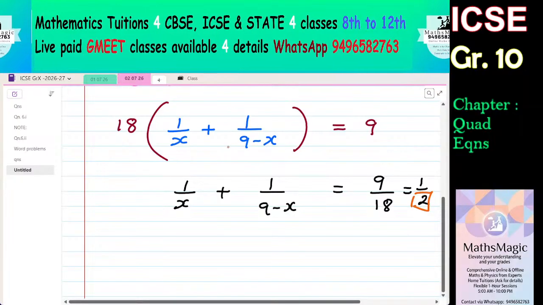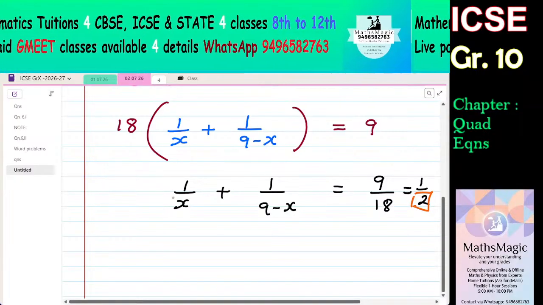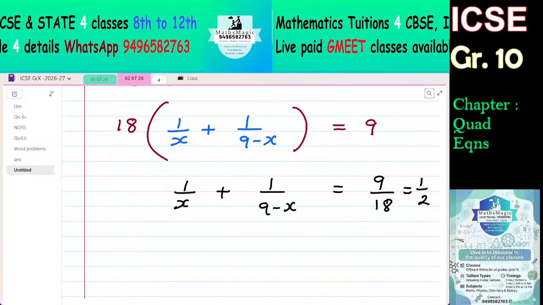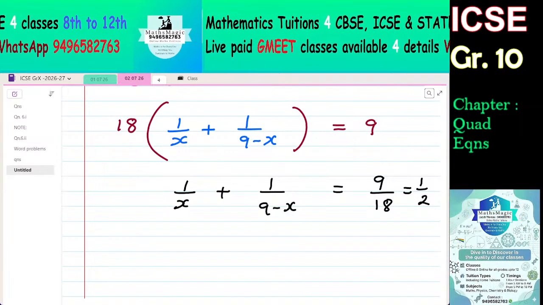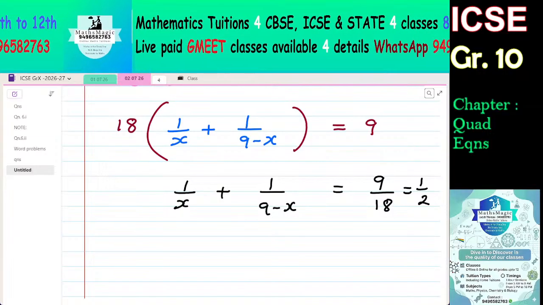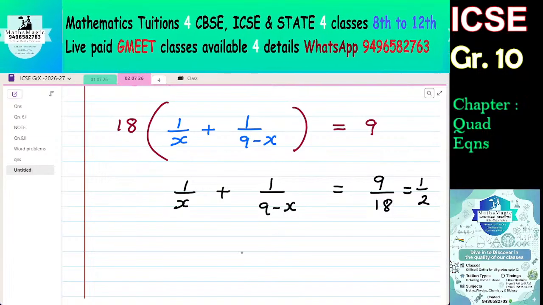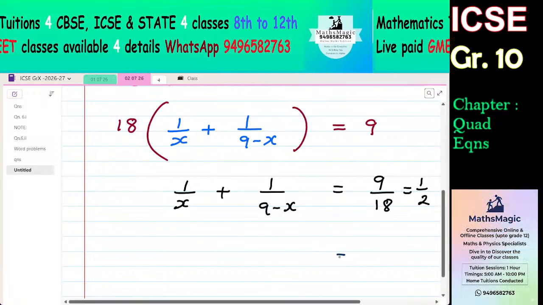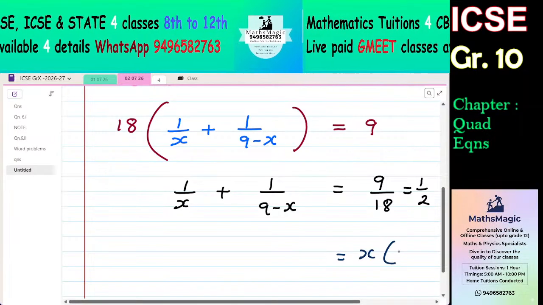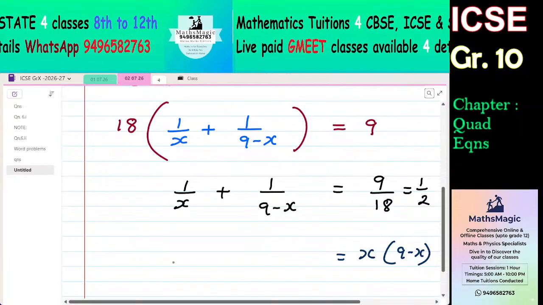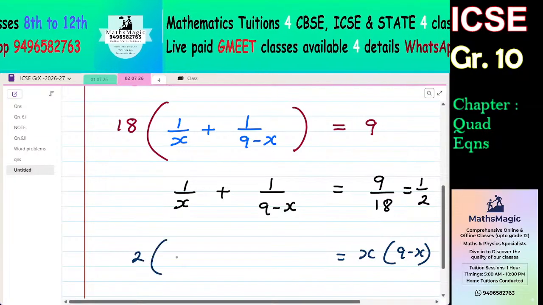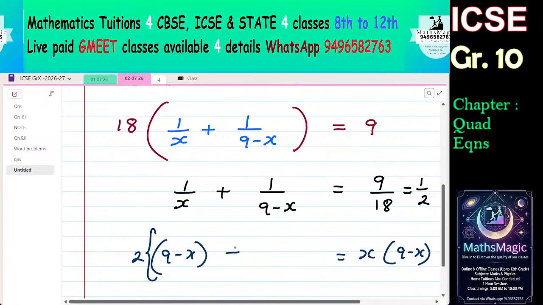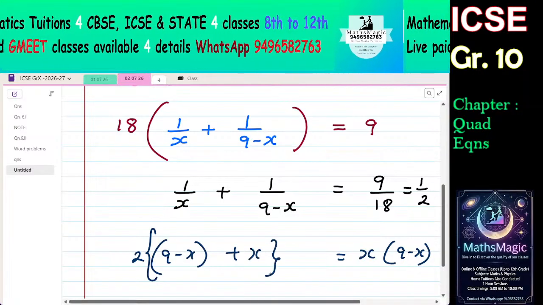This 2 has to go to the left side and the LCM has to go to the right side. It's not necessary that everything should be exactly on the left side and right side. Okay, we can take that to the right side and you will get things like this on the left side. Is this okay?